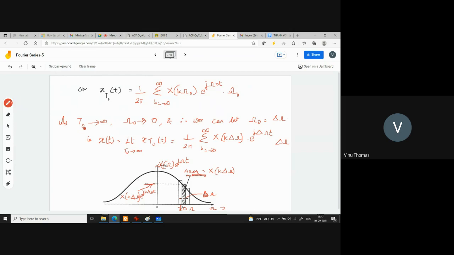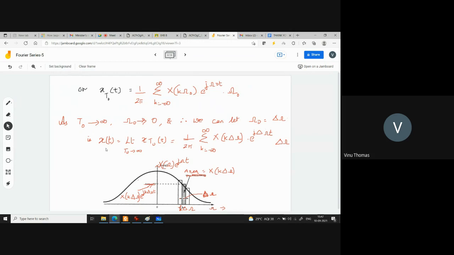Now let T0, the time period, tend to infinity. As T0 tends to infinity, omega 0 tends to 0, and therefore we can let omega 0 be equal to delta omega, an infinitesimally small value of omega. As T0 tends to infinity, x T0 of t tends to x of t.